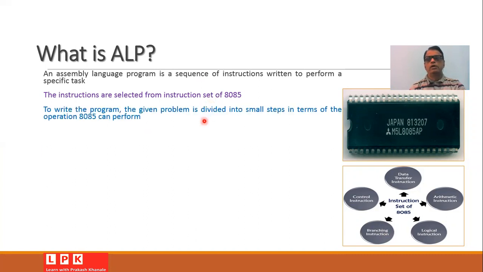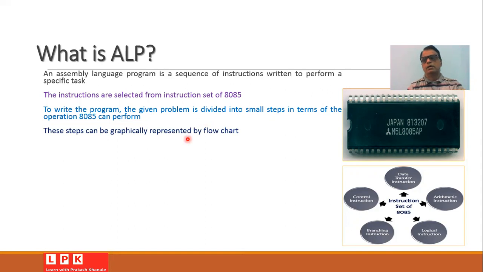Now, whenever we have been given a problem and we have been asked to write an assembly language program, it is necessary that we divide the given problem into smaller steps. These steps must be written in accordance with the operations that 8085 can perform. So you must know what kind of operations 8085 can perform, and then accordingly divide the given problem into smaller steps.